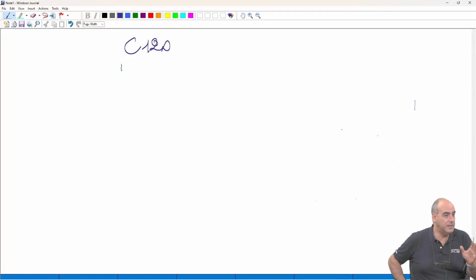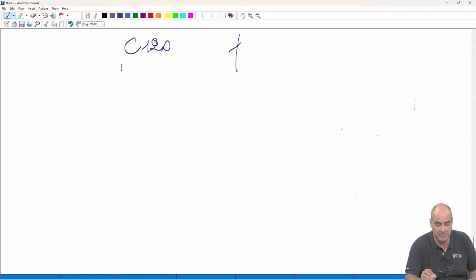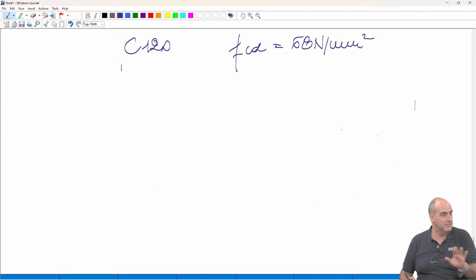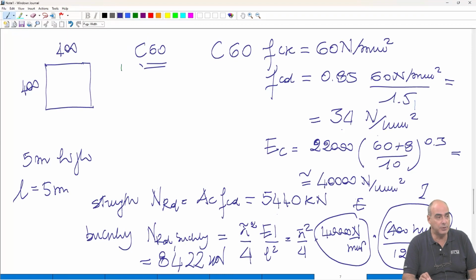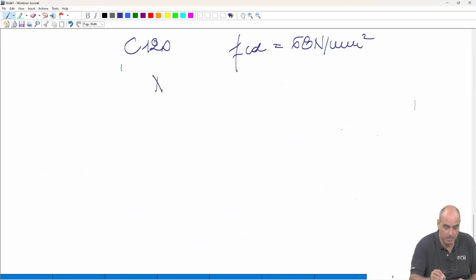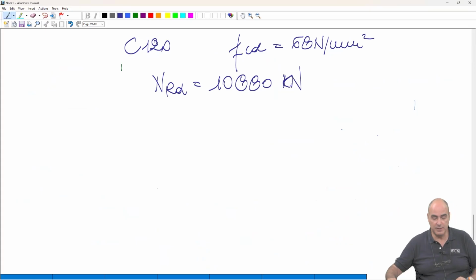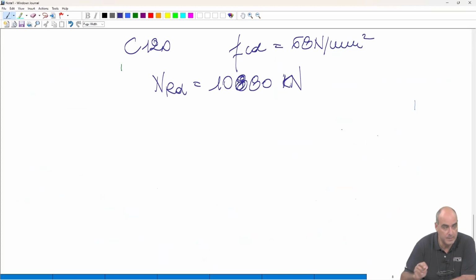Well, if everything applies, C120 fcd, instead of being 34, will be 68. And, oops, sorry. The maximum load capacity will simply double, so will be 10,880 kilonewtons.